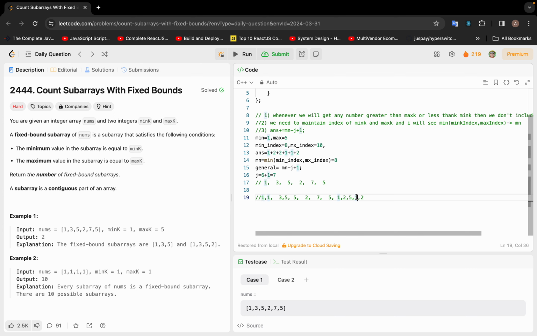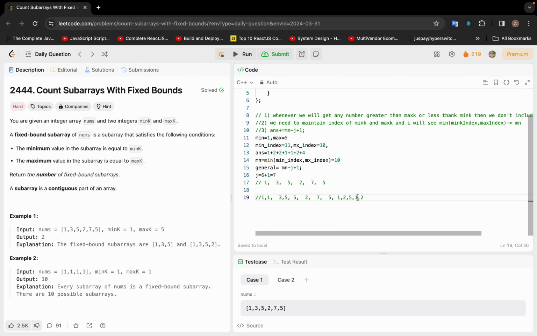Now if you include 1 again, we will update my index, which is equal to 11. Now for this one, this can also be a subarray, this can also be a subarray, this can also be a subarray, and this can also be a subarray, right? So if you see, the minimum is 10 and jth is 7, so 10 minus 7 plus 1 is equal to 4, right?